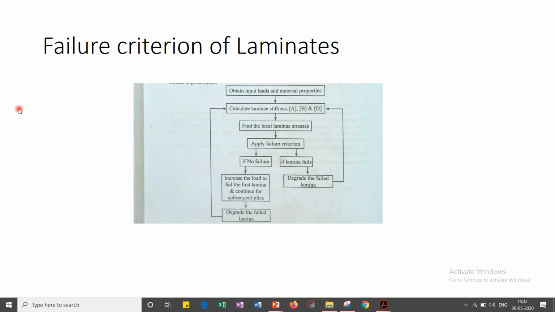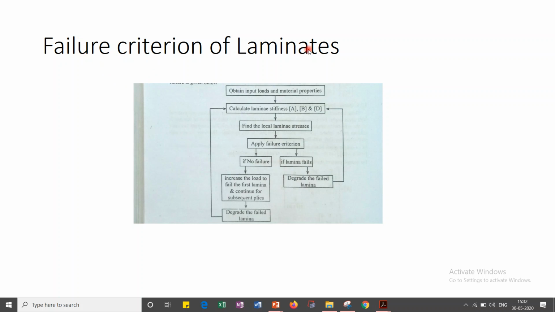Okay, now we will go through the next part, that is the failure criterion of the laminates. That can be explained by this figure. Before getting to that, let us look into the factors that affect the laminates.